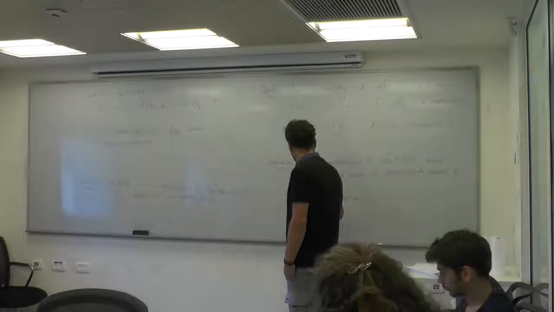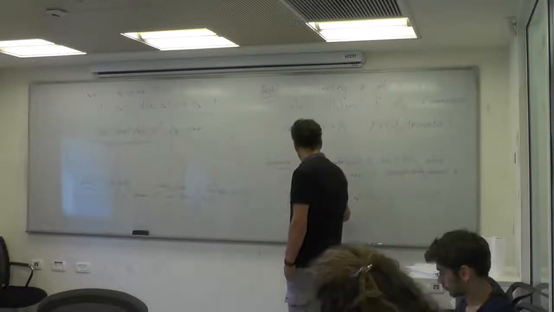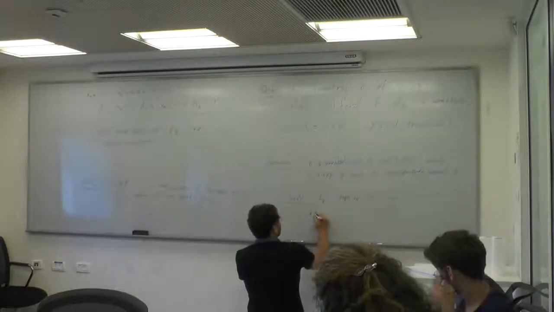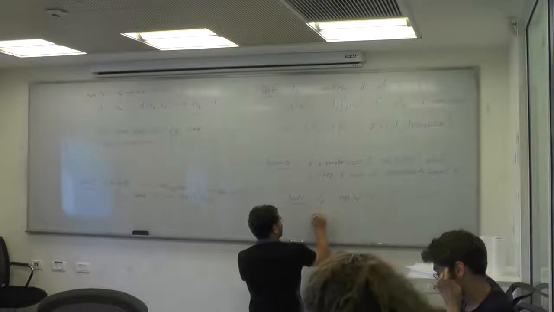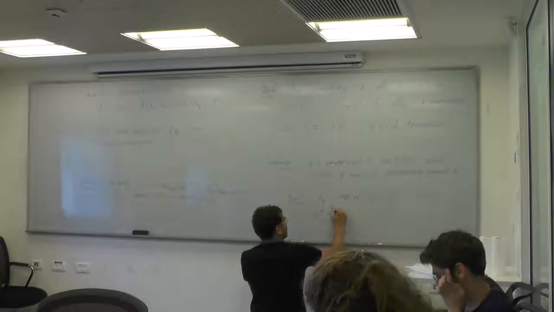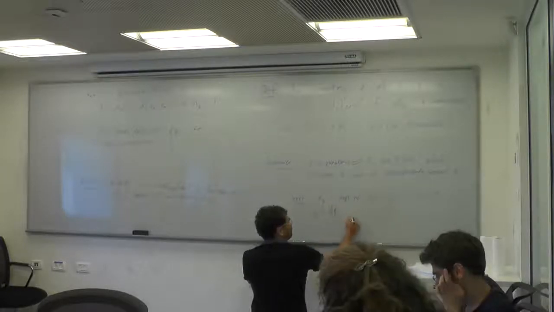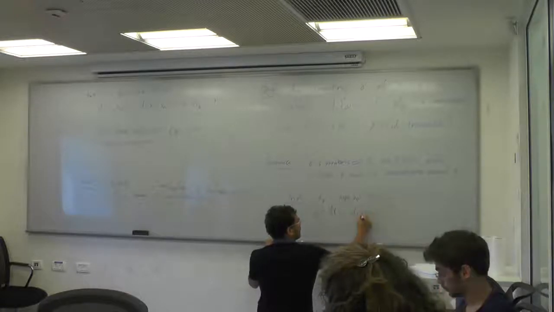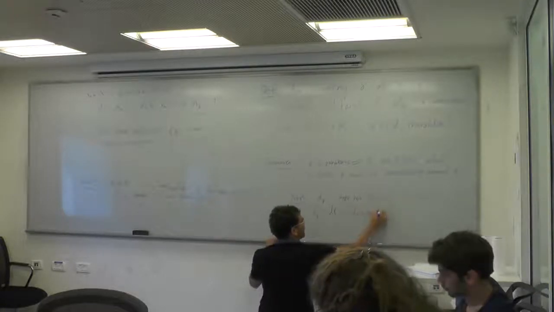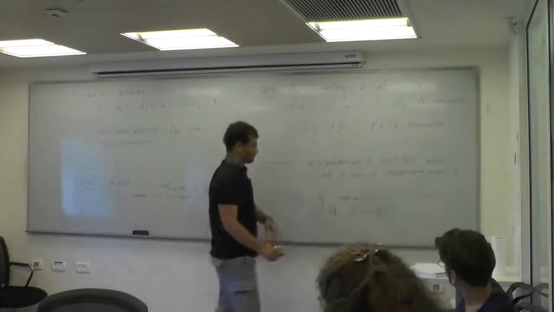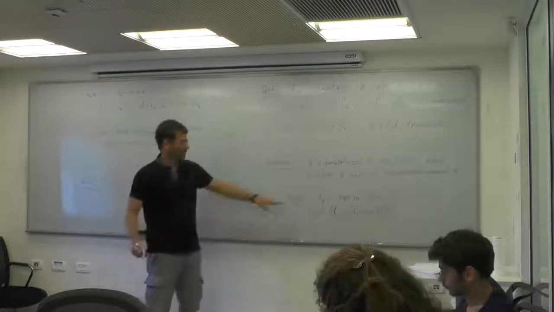Define the function f_t to be the distance of a point from the sublevel set d_gamma less than a plus t.